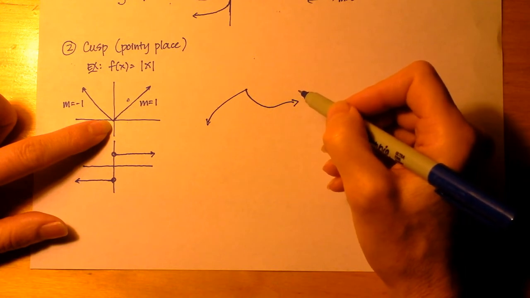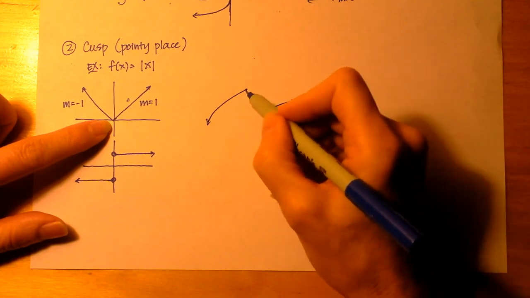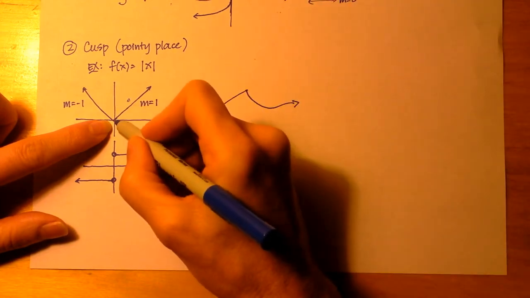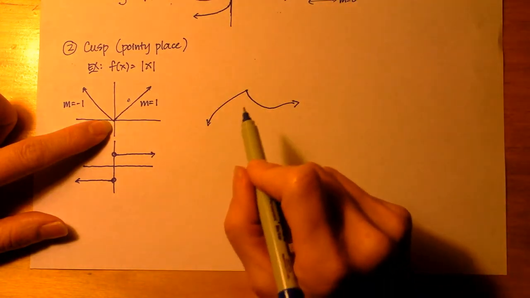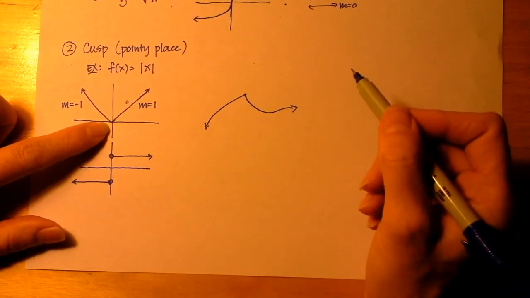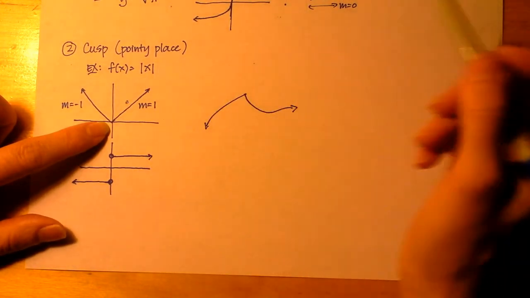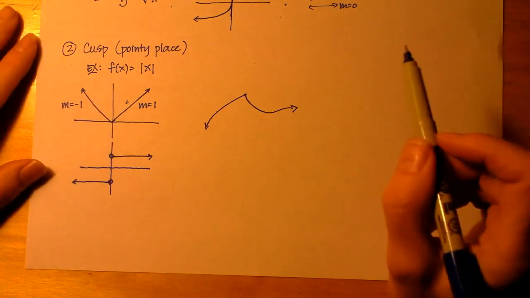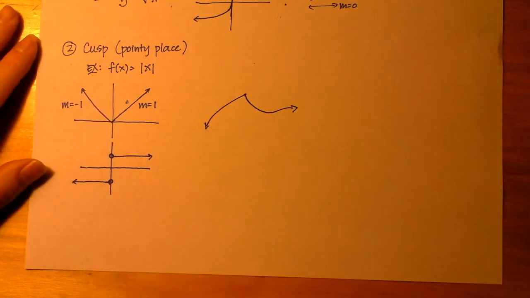I don't have to lift my pen. So it's continuous here, and it's continuous here, and the graph is continuous here. But the derivative does not exist because of the way we have defined it. So that's what I have to say about limits, continuity, and differentiability.